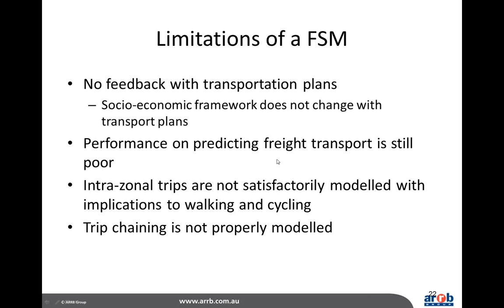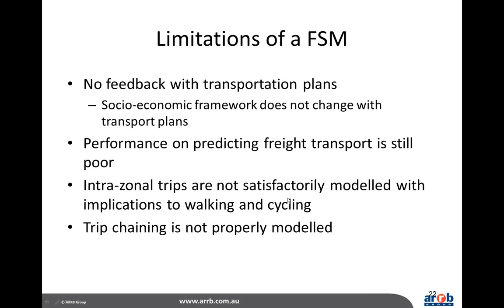Although we try to provide some analogy with freight transport, it's just not as accurate as in the case of private transport. Another reason is that freight is highly disaggregated or differentiated. That means bulk transport, say coal transport, behaves very differently from TV transport, or milk transport is different from cattle transport. So for the moment, the performance for predicting freight is still rather poor.